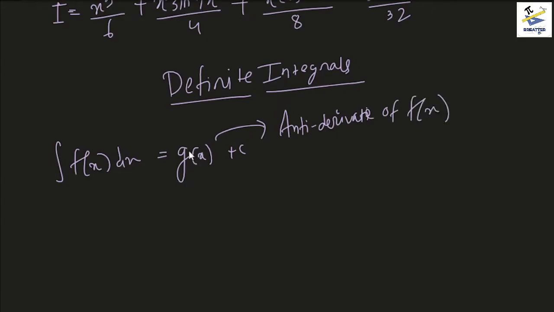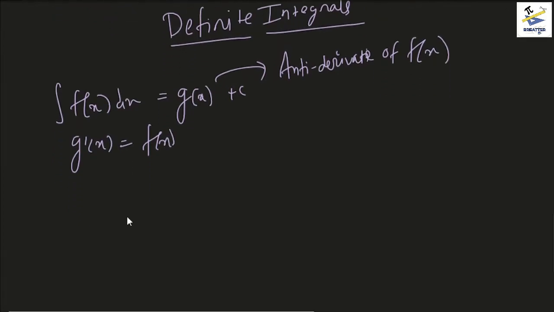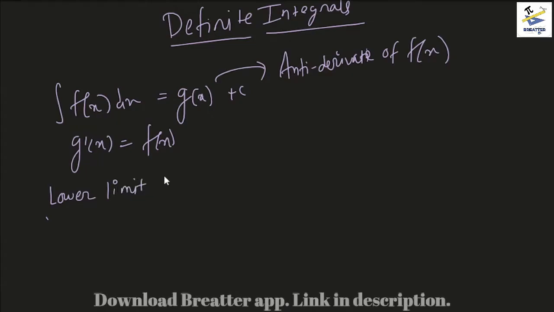Because when you take the derivative of g of x, you get f of x, that is g dash of x should be equal to f of x. Okay, but in definite integrals what we have is something we call the lower limit and the upper limit.